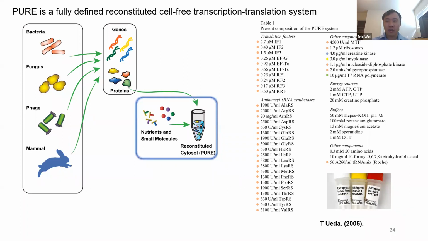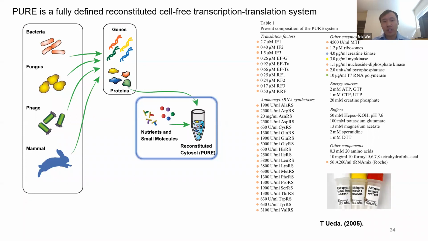But you can also make homebrew PURE by individually purifying the proteins, and there's been a lot of recent work, for example, Qiming Tan's lab, on cheaper, easier ways of purifying PURE for labs. So PURE can also be an accessible tool for many labs as well.